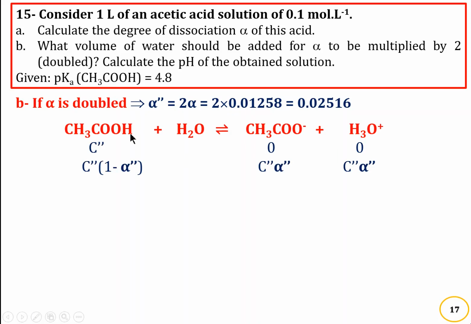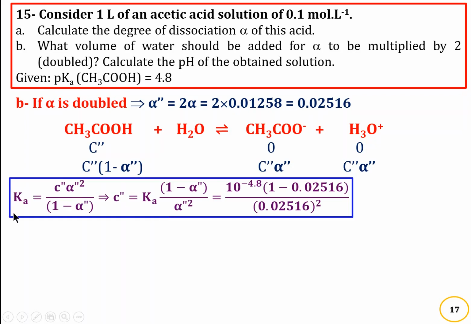We rewrite the equilibrium of dissociation of acetic acid, and we have the same value of Ka before and after addition of water, since Ka is an equilibrium constant that depends only on the temperature. So Ka is the same, equal to C second alpha second times C second alpha second divided by C second (1 minus alpha second).